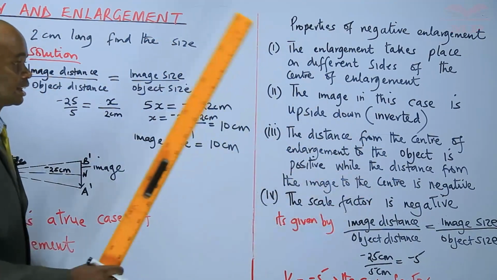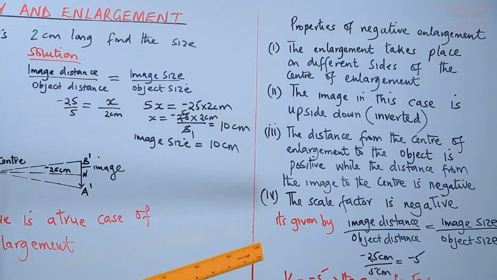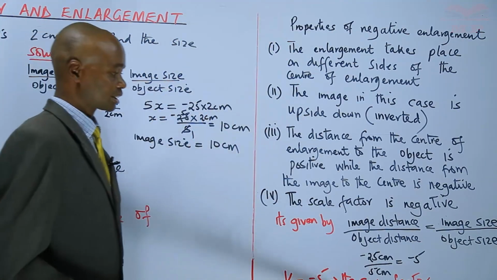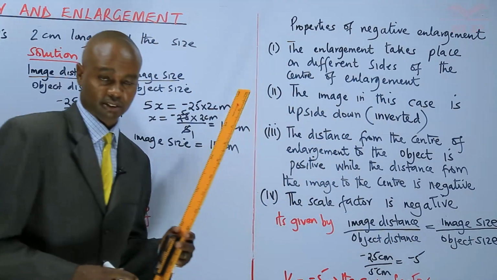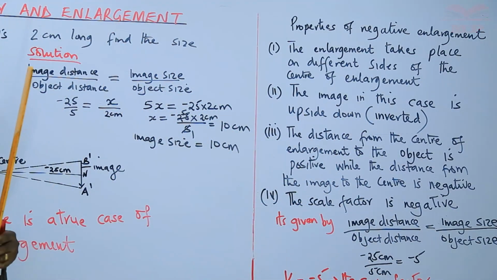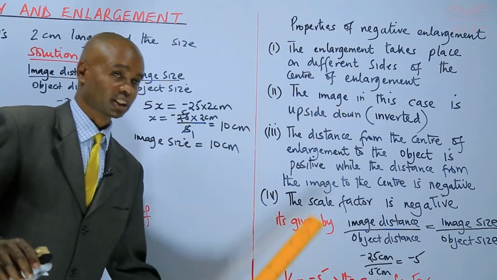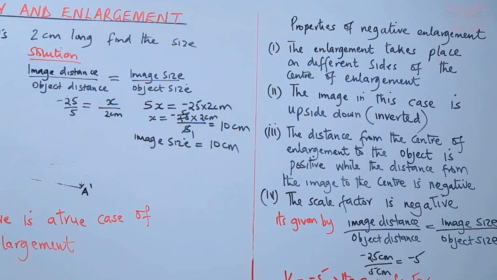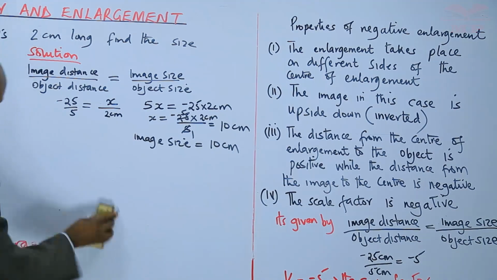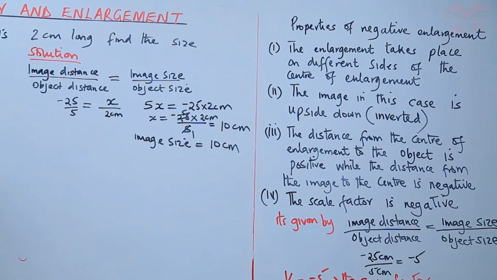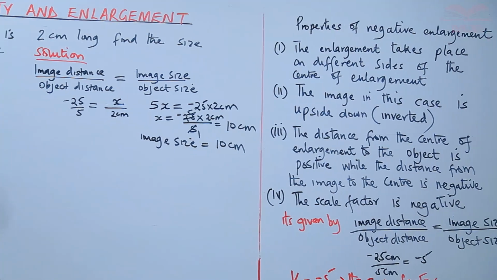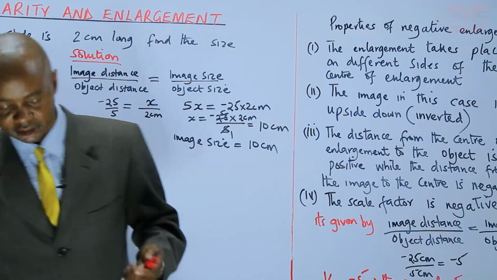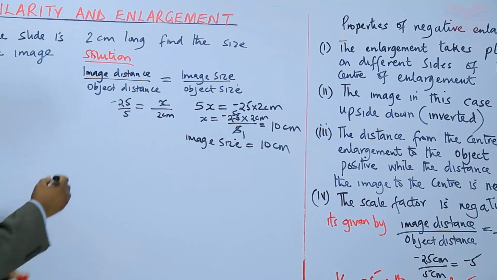The scale factor is negative, but in positive enlargement, the scale factor was positive. So learn and note those properties and do not relinquish one of them. And so learner, for the assignment, we shall just get it from those properties.